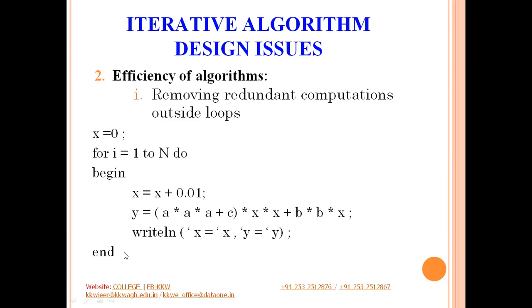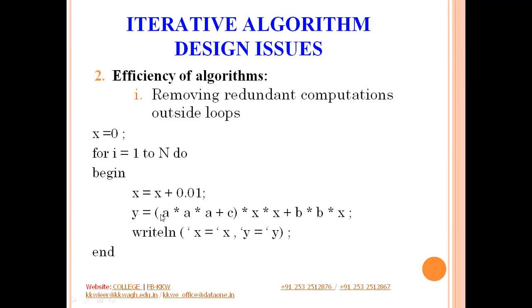So we want to improve this algorithm in such a way that it becomes much more efficient. We cannot do anything about the first statement, the second statement, the third statement, and the print statement. But if you observe this statement, it involves certain components that we can take care of. What are those components?